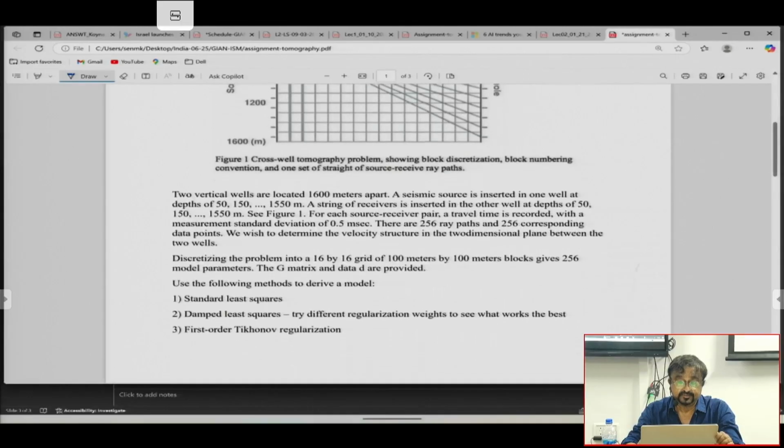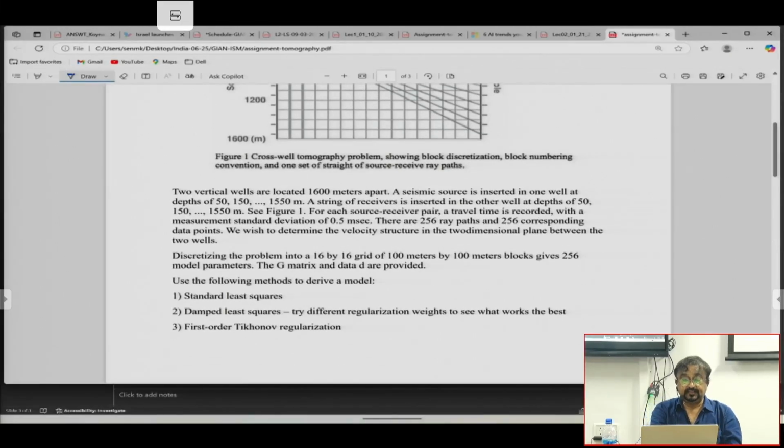This problem is discretized into 16 by 16 cells of 100 meters by 100 meters. So I'm giving you G, I'm giving you d, I'm not giving you m, okay?